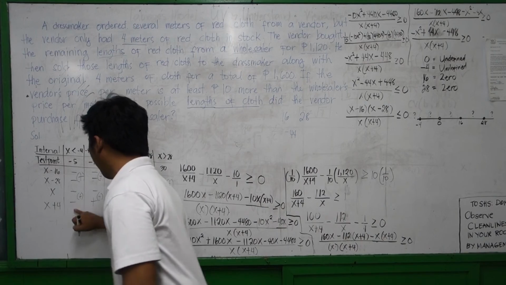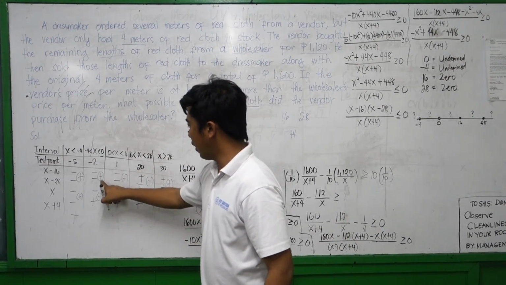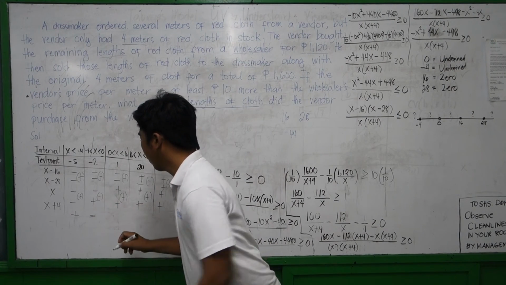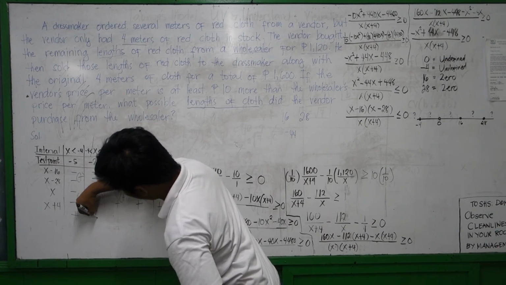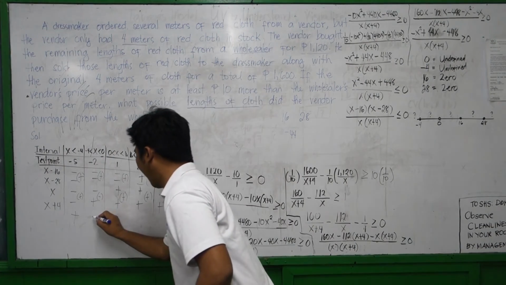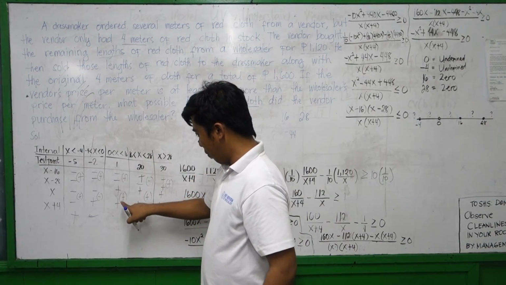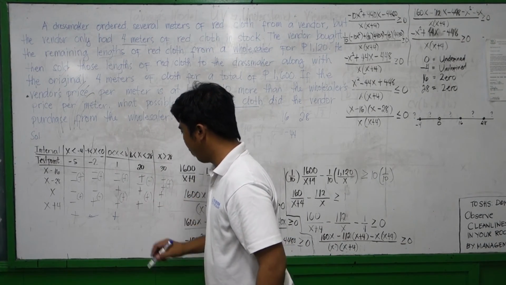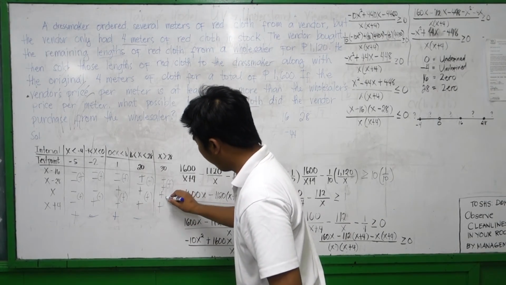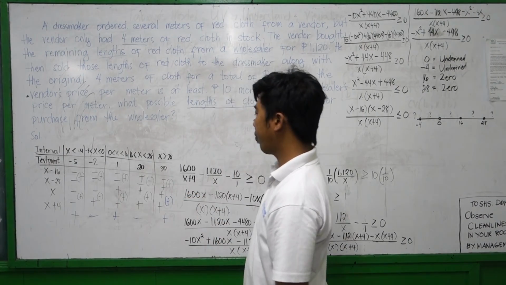Now next, positive divide negative, this is negative. Okay, negative. Positive divide positive, that's positive. Negative divide positive, that's negative. This is positive. Positive divide positive, that is positive.